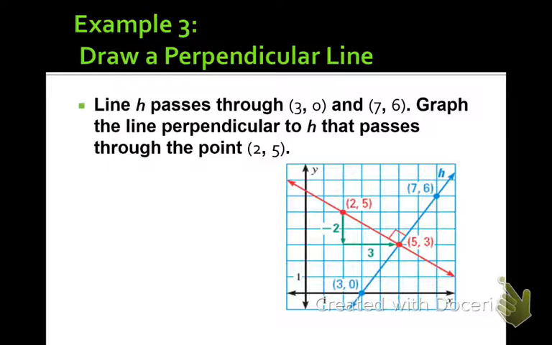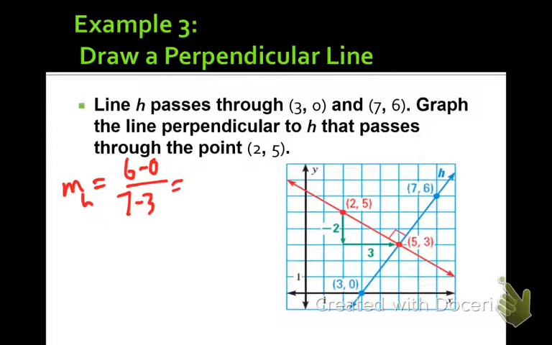I would find the slope of line H first. So M of line H is equal to 6 minus 0 over 7 minus 3.